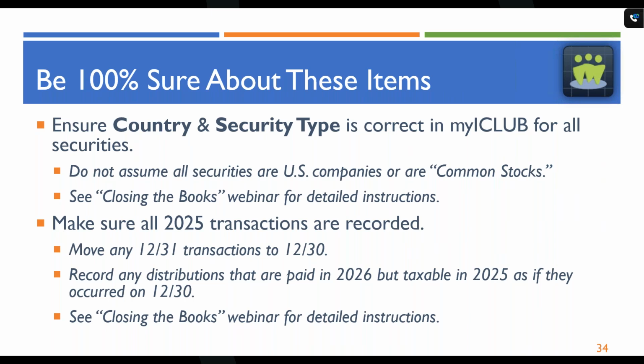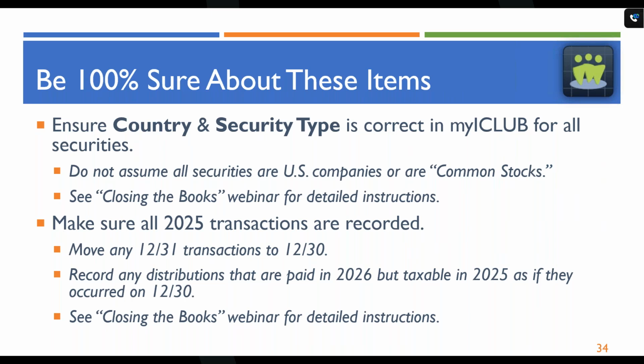Don't assume they're all US companies or common stocks, right? By default, when you enter a ticker symbol, it's going to say that it's a US company, but it may not be, so double check with that. You can use the quote feature in My iClub and put in the ticker symbol, and you want to look at where it's domiciled.